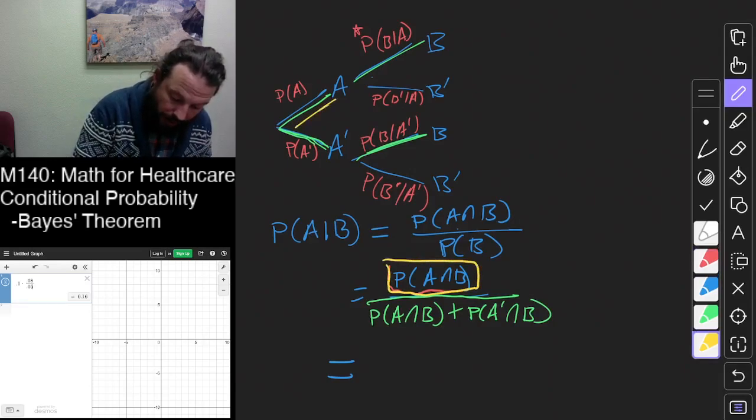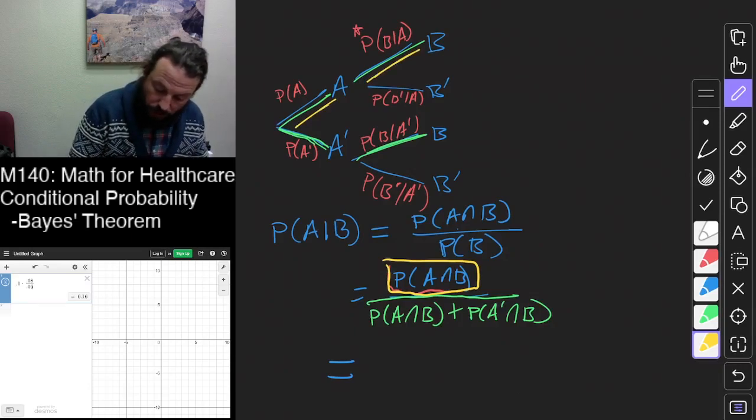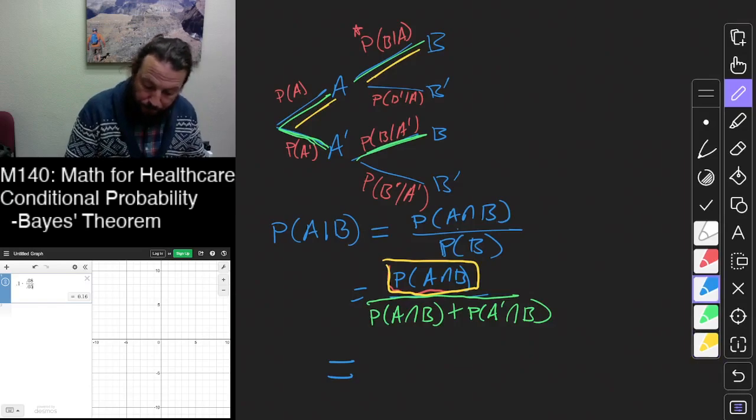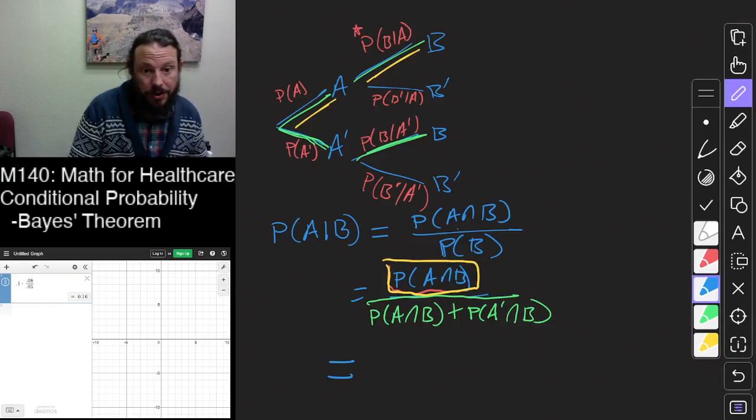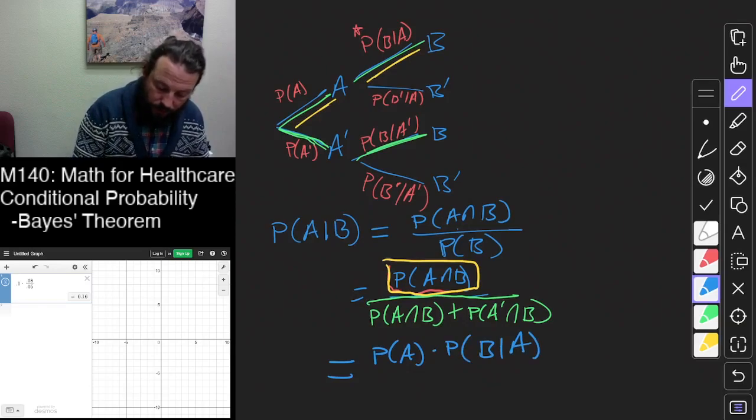We could think of that as this yellow path, right? So now we could use our definitions. The probability of A intersect B equals the probability of A times the probability of B given A. And notice we have that.